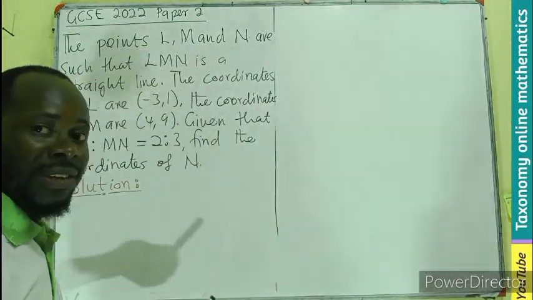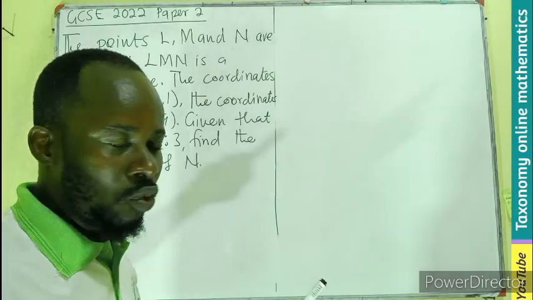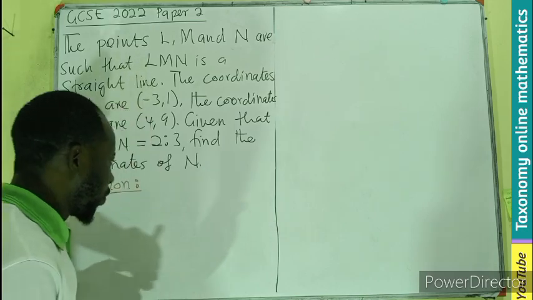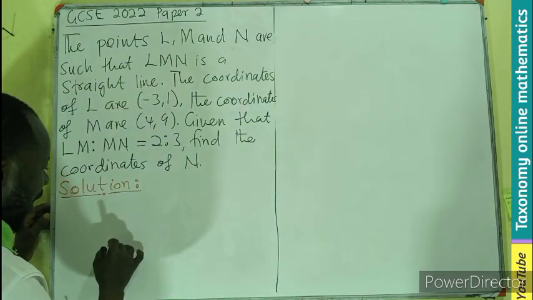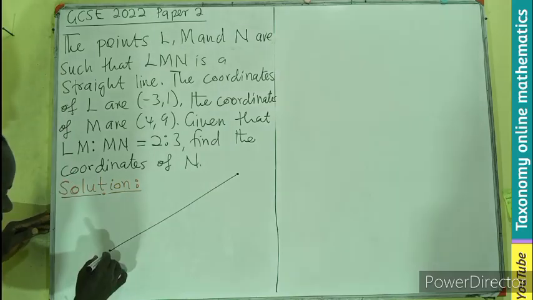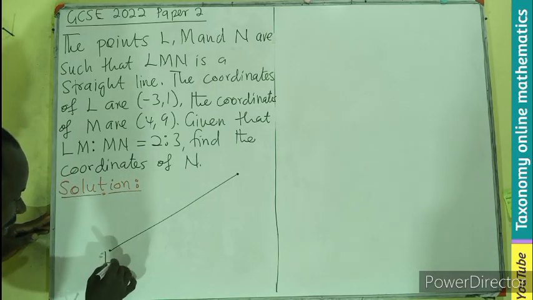I'll solve this in two methods: the direct approach, then the formula approach. For the direct one, let me have this as our straight line, with L as the first point.